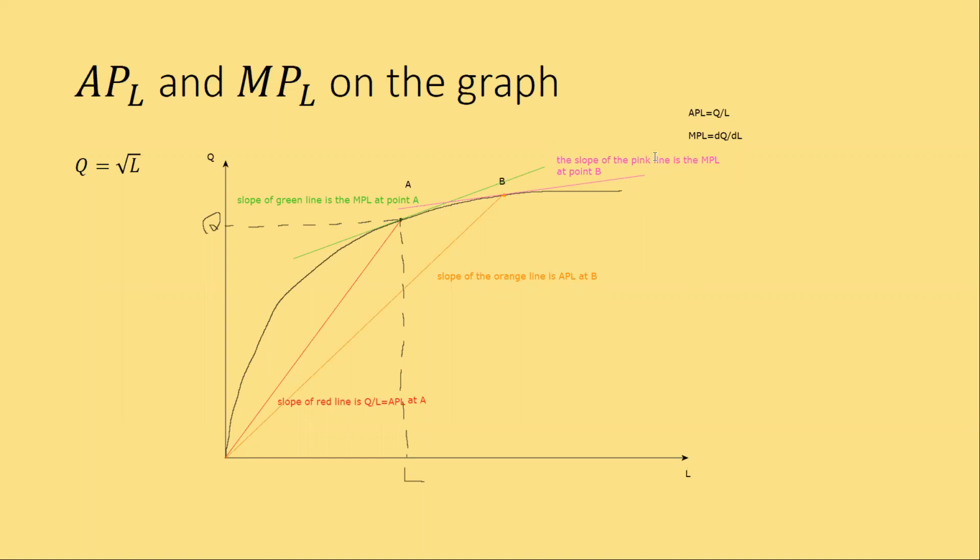The marginal product of labor at point B is also smaller than the average product of labor at point B. And of course, those conclusions are special to this production function. If you have a different production function, you may or may not get this conclusion, all right? But on this graph, we can draw those conclusions. And this is how we can plot the APL and the MPL on a single graph.